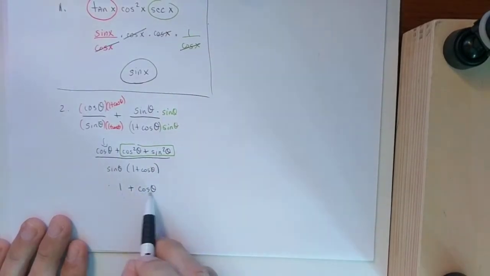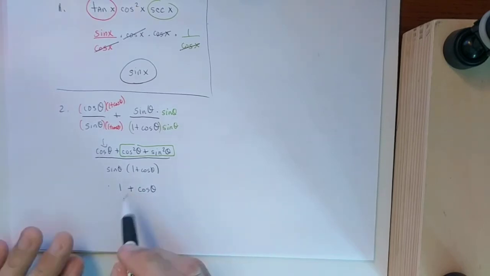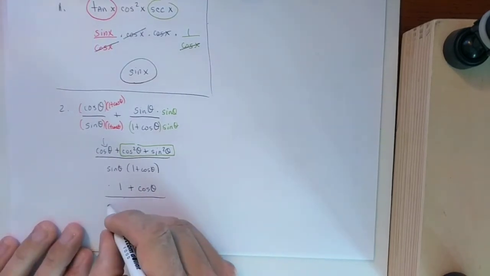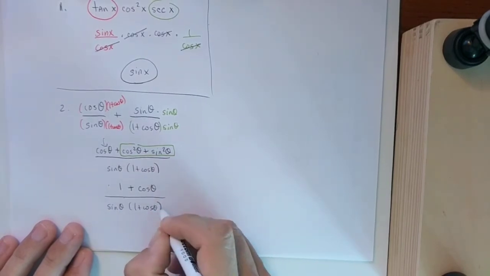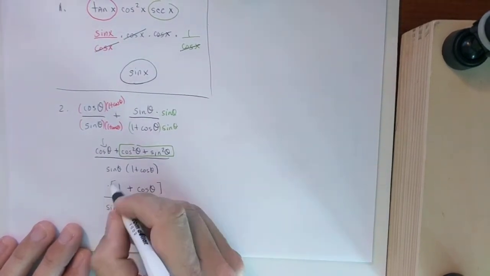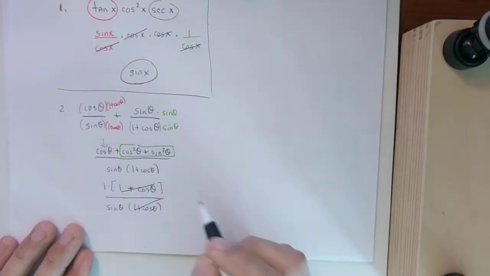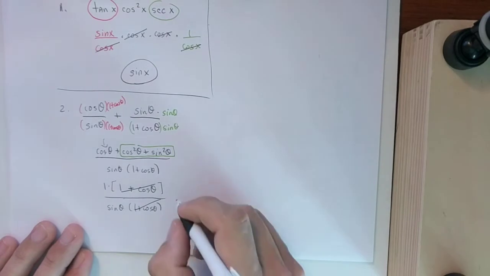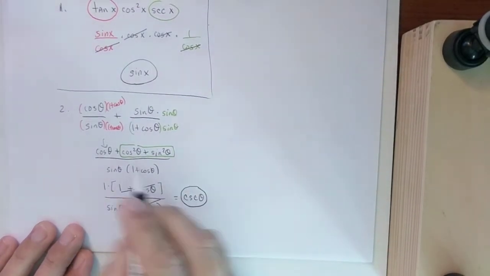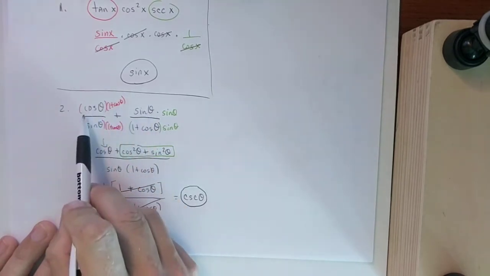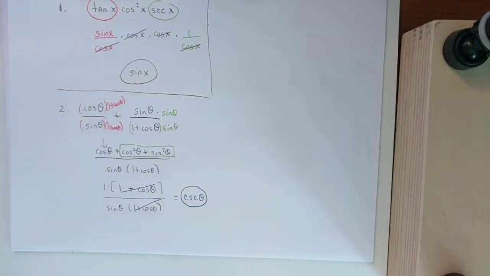And the reason I turn this around backwards, you don't have to do that, but the reason I'm turning it around backwards is to show you that that same exact thing is in the denominator, right? So all this divided by all this is 1. And 1 divided by sine theta is cosecant theta. So that would be the simplified form of this big, ugly stuff that was written in black before I put the red and the green there.